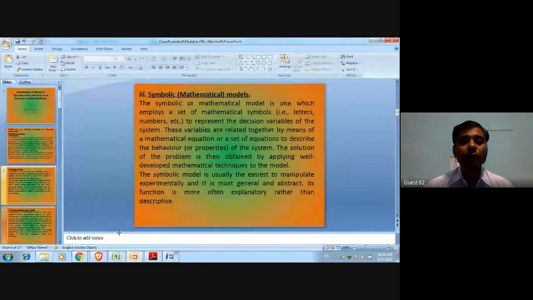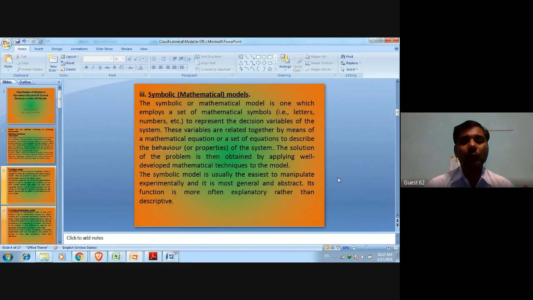So you also have to interpret your model or your solution. These types of models, which use symbols or letters and give a solution after applying mathematical techniques, are called symbolic or mathematical models.